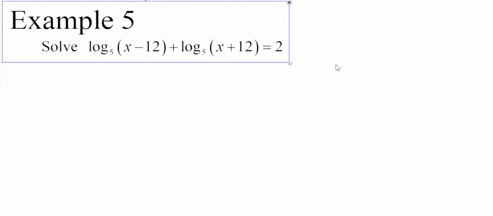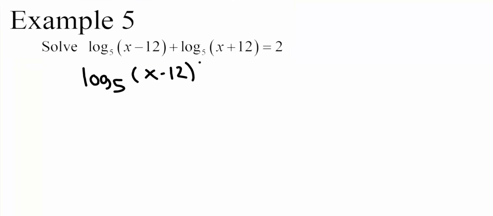All right, so here's another example, a little different type of problem because notice there's no logarithm on the right side. So the first thing we need to do is combine the logs on the left. So log base 5 of x minus 12 times x plus 12 equals 2. So now, what are we going to do?